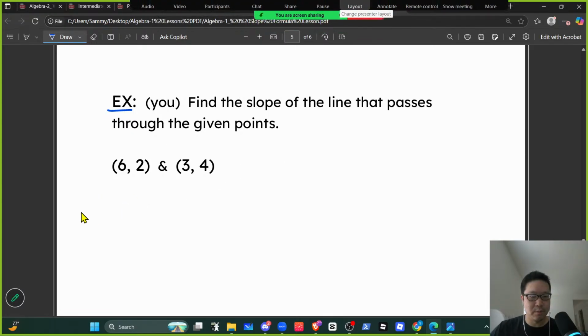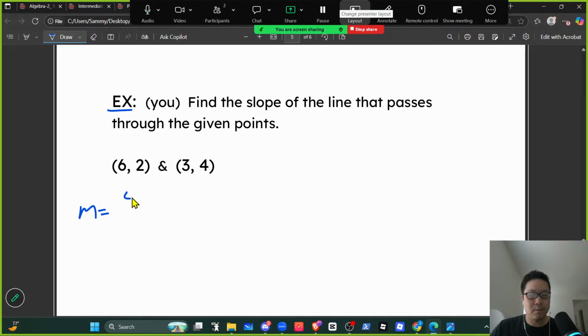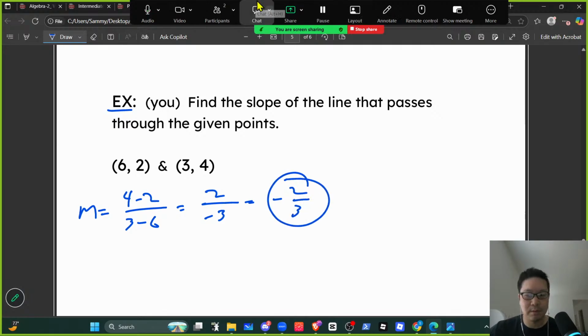Okay, what did you get for the slope? Negative 2 over 3. All right, let's see. So 4 minus 2, 3 minus 6. It's going to give us 2 over negative 3, or negative 2/3. Good.